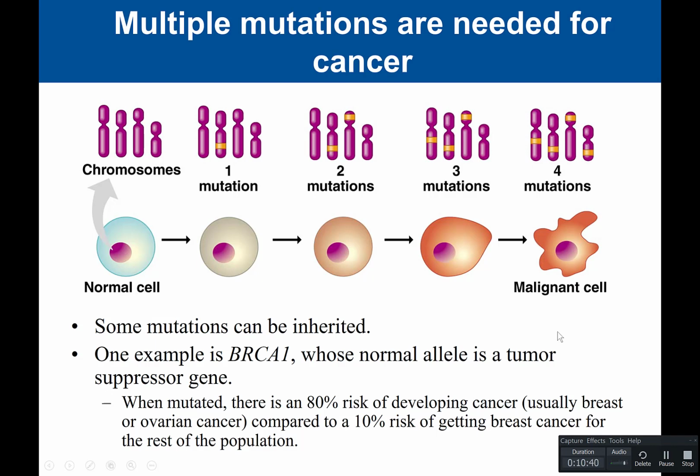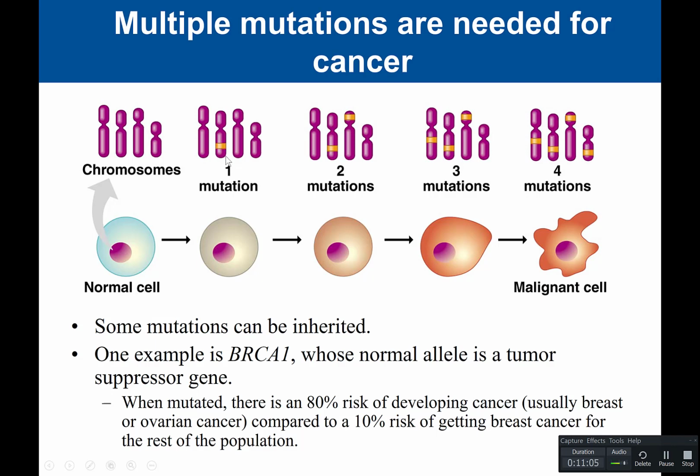Now, one of the reasons that cancer can run in families is that some mutations can be inherited. Now, again, does that mean you're going to get cancer? No. All it does is that instead of starting you here, where there are no mutations, you're already starting one step in.